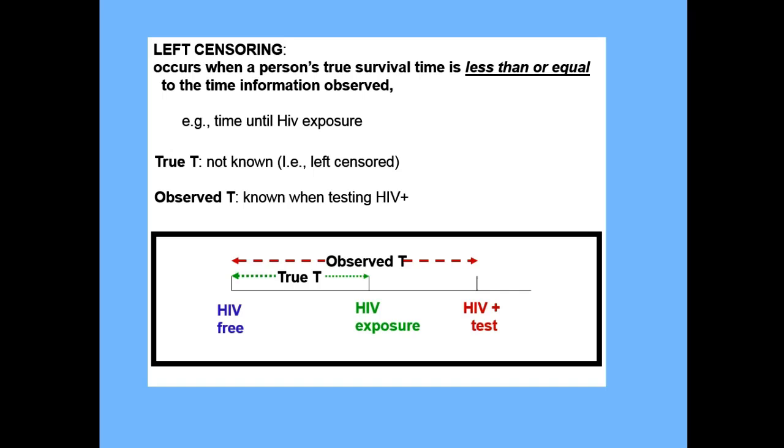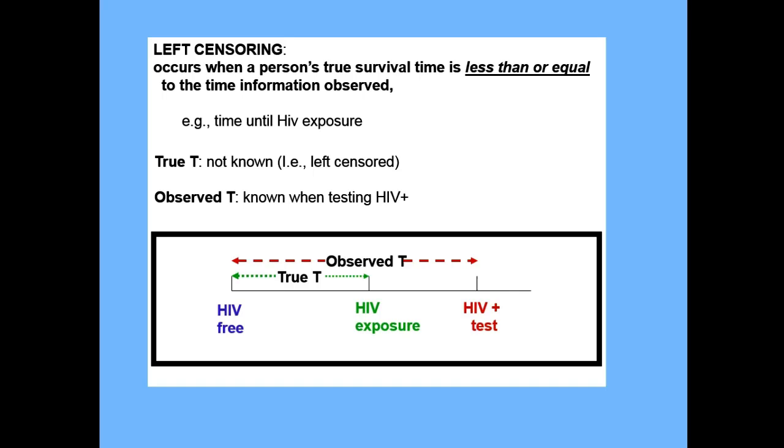What do you do? They have to have a test, right? They have to have a test. And if they have a test, and the test says they're positive, that means they already have HIV. Well, when did they get it? They got it before the test was done, right?